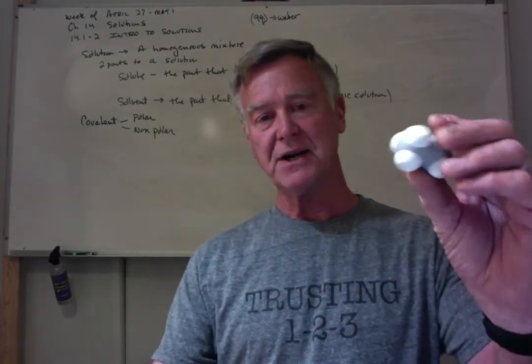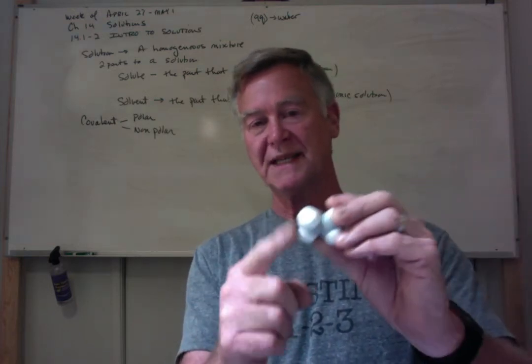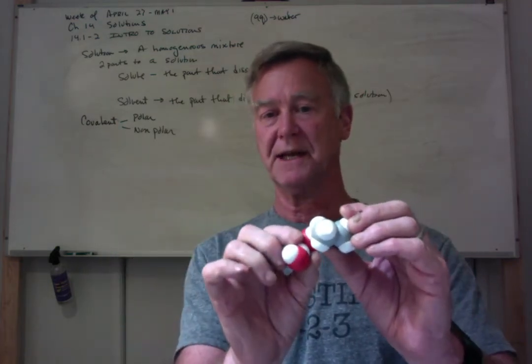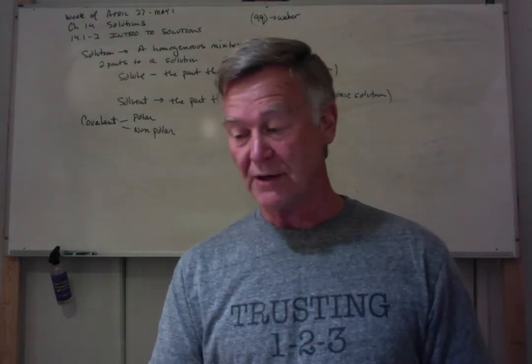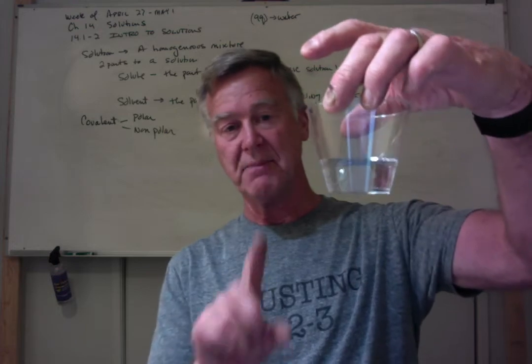But if this is a nonpolar molecule, in other words, there's no positive and negative ends on this, the water molecules are not going to be attracted to them. The water molecules will be attracted to each other. And the water molecules then will cling together. Alcohol is a polar molecule.